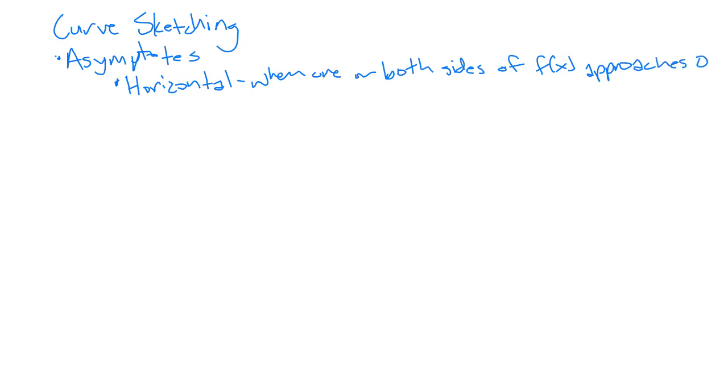Or if we want to put this in mathematical terms, the limit as x approaches positive or negative infinity of f of x equals 0. So in this case, it would be something similar to this.